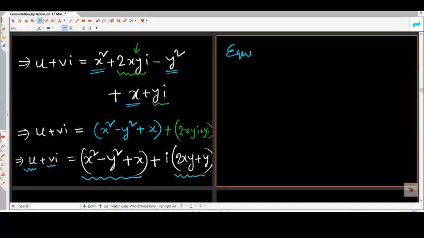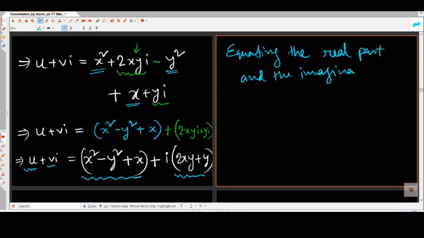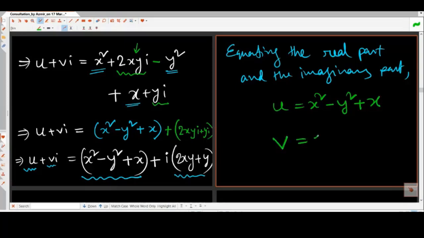So equating the real part and the imaginary part, we are getting u equals x squared negative y squared plus x, and v equals 2xy plus y. So this is our first step.